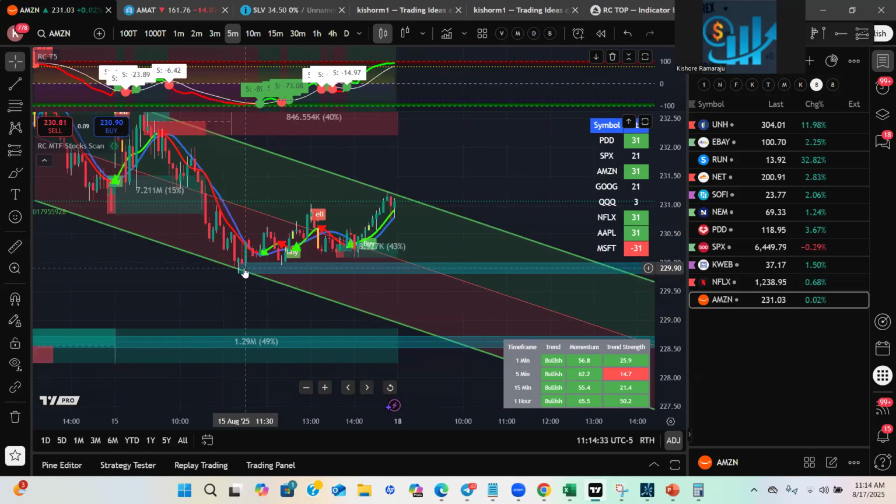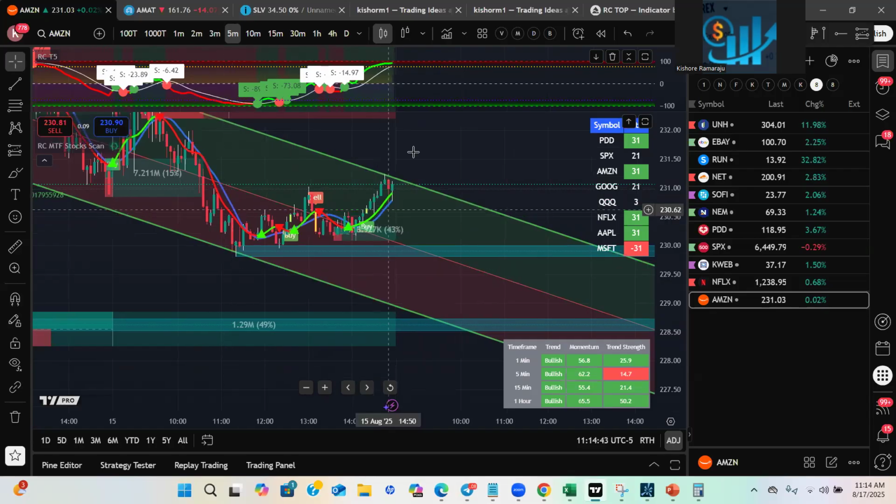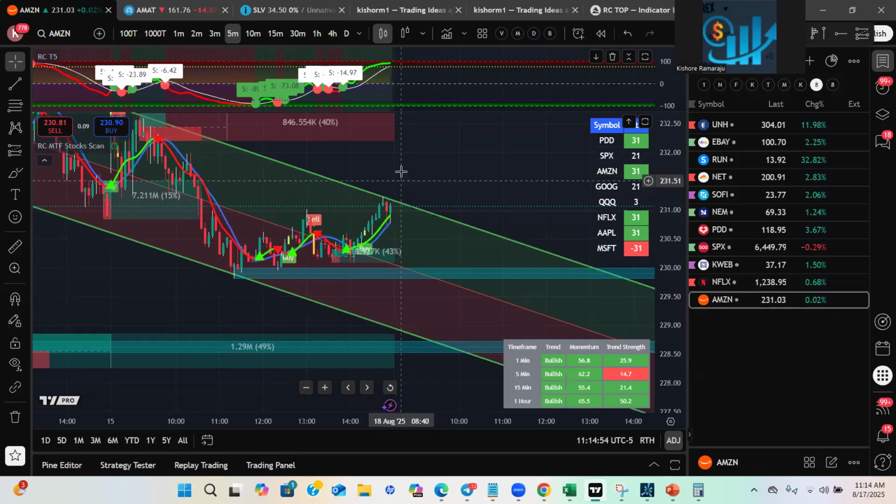But now you see there is a strong support here, right? Price came all the way to the bottom and you got a buy signal. You see that this will act as a strong support. Now instead of buying calls, naked calls or a debit spread, you can go a little bit below and you can do credit spreads. So if your trend, you are going along with the trend.